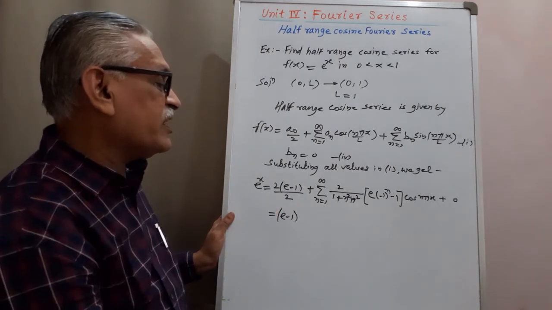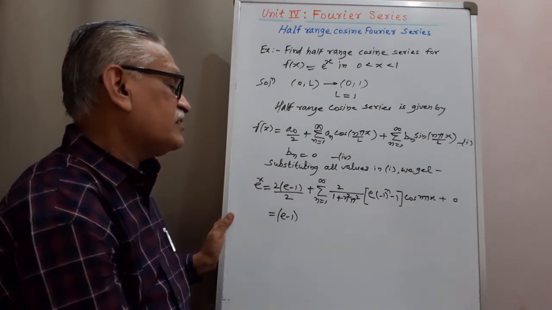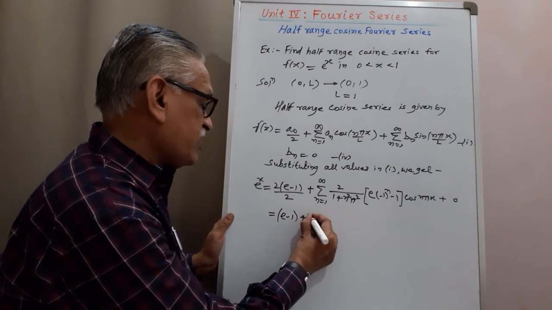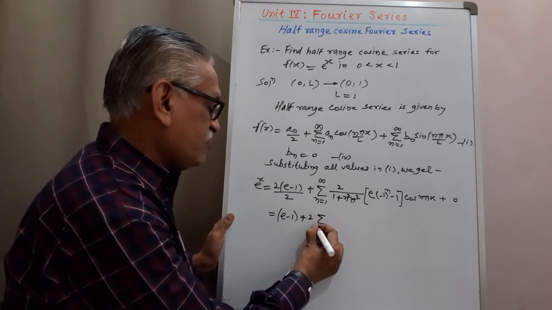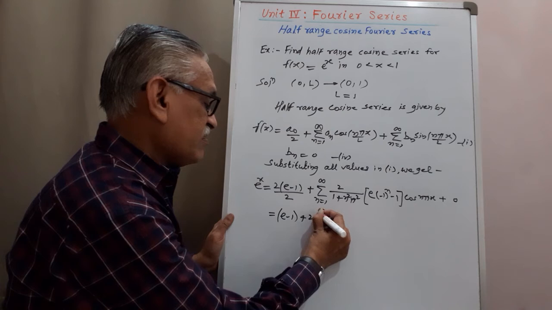The constant term 2 we can take outside the summation from 1 to infinity.